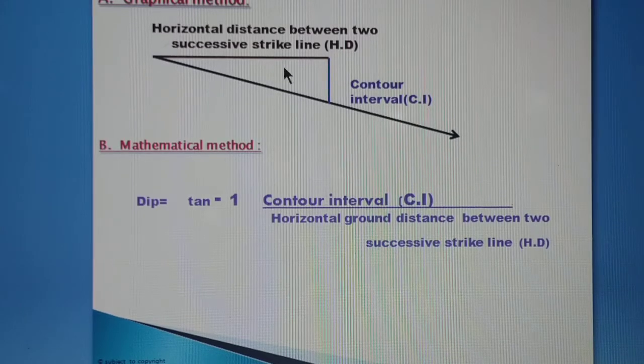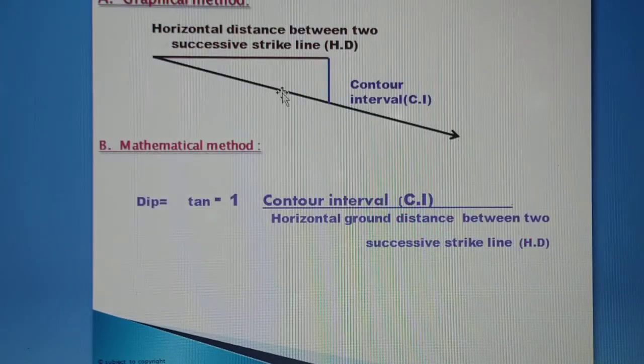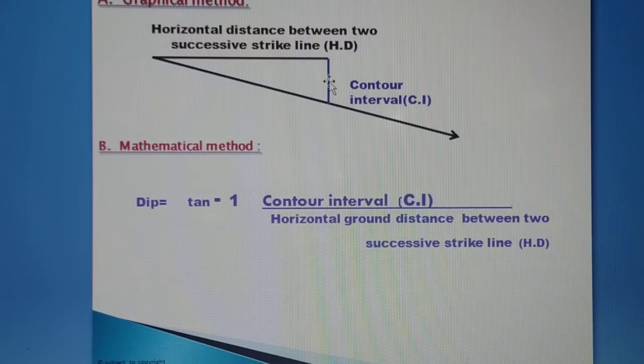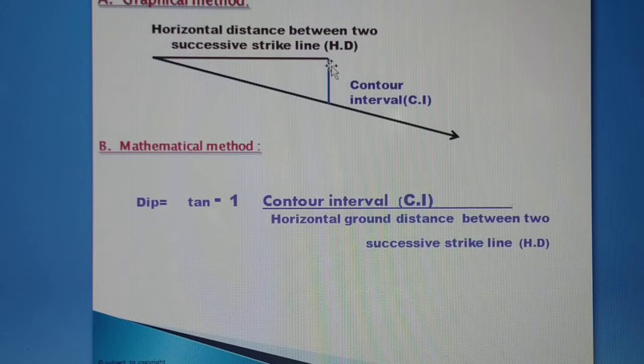But in graphical methods, if you take this distance using a divider, you cut this distance and put it here, and this distance you have to convert according to the scale. So if the contour interval is 100 feet, and the scale is 1 inch to 1000 feet, then 100 feet represents 0.1 inch. In this way you draw this line as 0.1 inch.